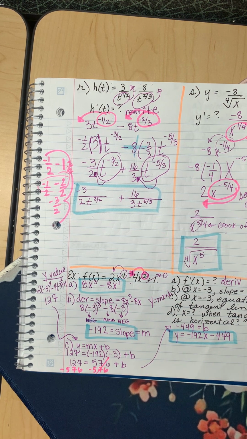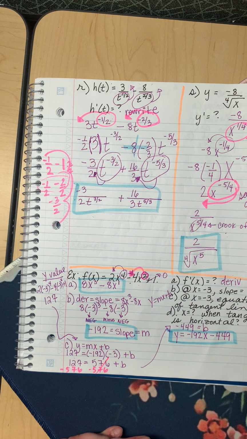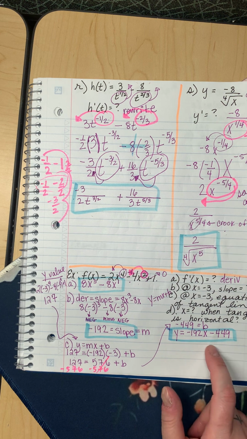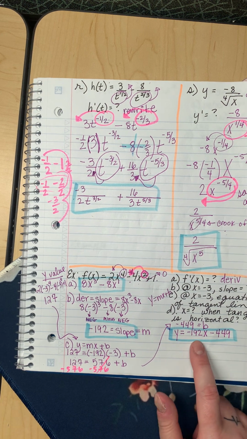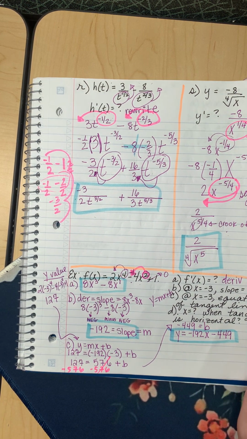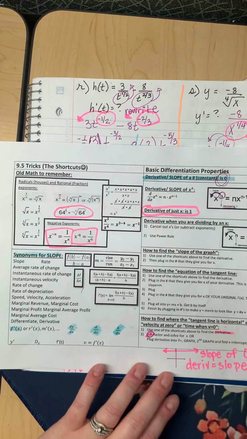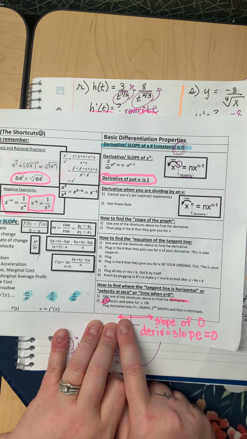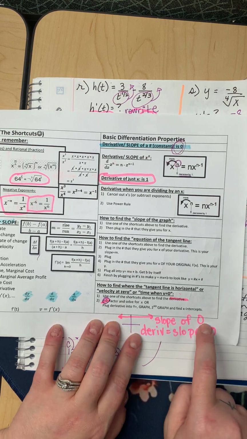Okay, part D says x equals what when the tangent is horizontal. So it's not saying make this equation equal to 0. It's asking for the tangent line to be horizontal. And if a tangent line is horizontal, if any line is horizontal, the slope is 0.